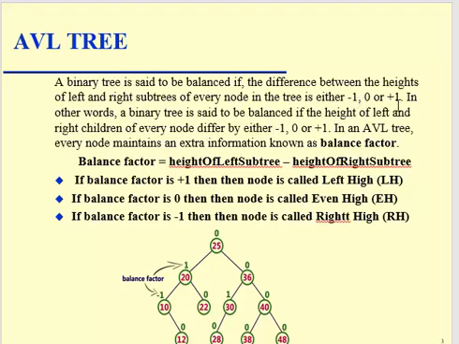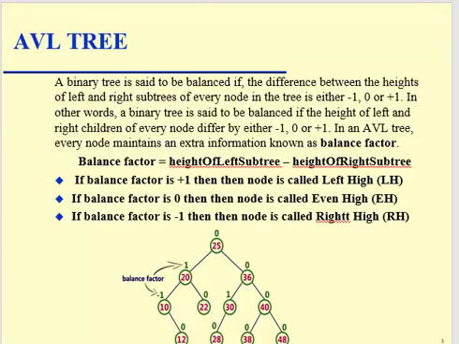Again I'm repeating it. You need to take the difference: height of left subtree minus height of right subtree. If this difference is 0, then it is perfectly balanced. If it is -1, then also it is okay. If it is +1, then also it is okay.